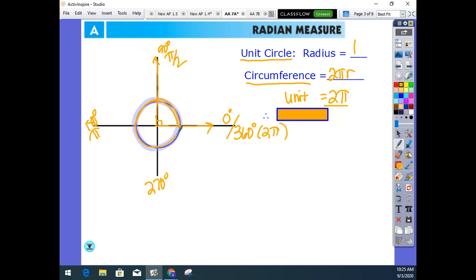And then 270 is halfway in between pi and 2 pi, so that's like 1.5 pi, but we always rewrite that as an improper fraction. I think the hardest part about radians is understanding that halfway around the circle is 1 pi and all the way is 2 pi, but it's because of the circumference formula.